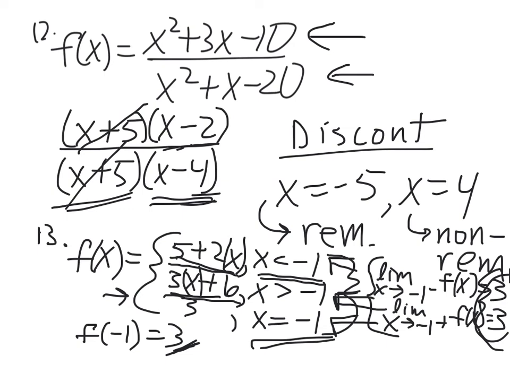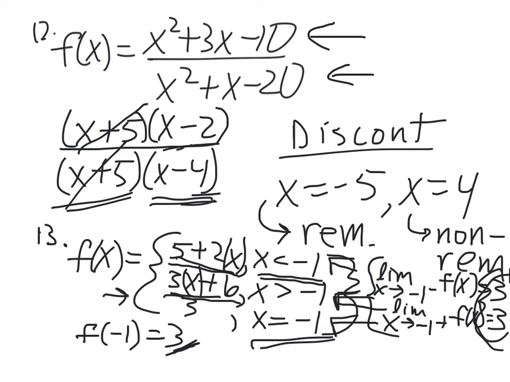And at this point, we had not gotten to any of the shortcuts. We had to go the long route with those. But for any of those application problems, I will allow you to use the shortcuts. So given a position function, if I ask for velocity, by all means use the shortcut derivative properties.